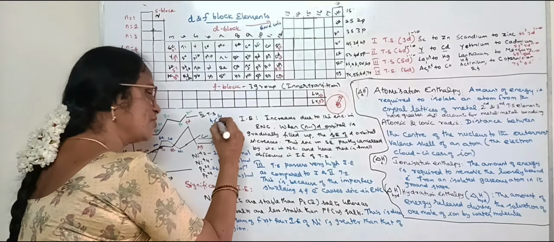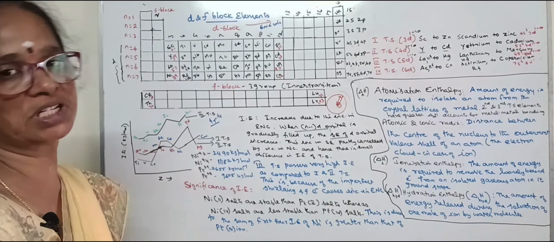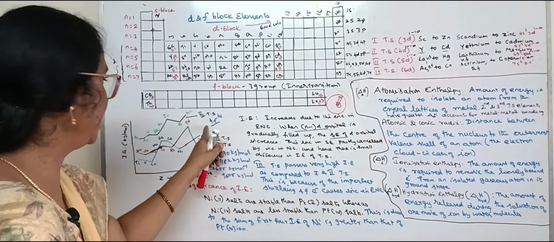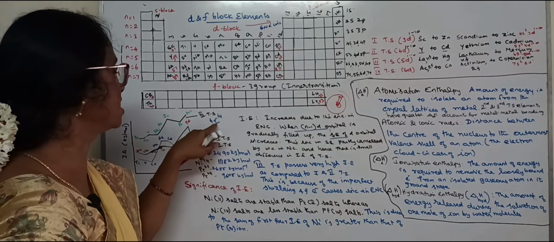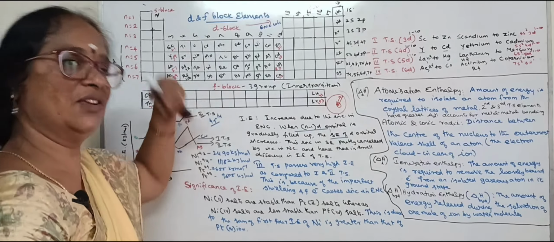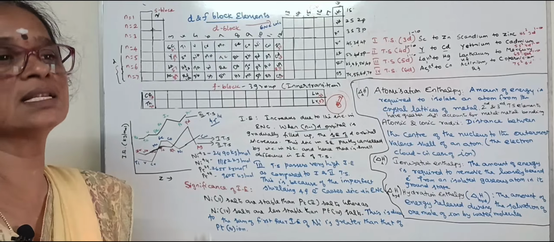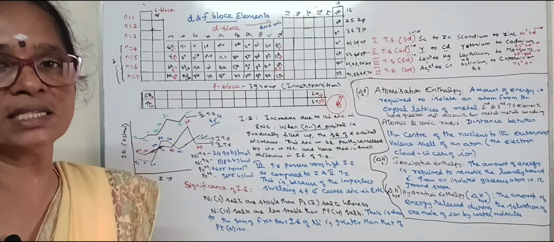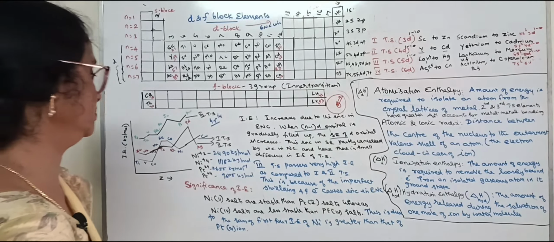And these 4f orbitals have very poor shielding effect compared to the d orbital, and hence because of the imperfect shielding of the 4f orbital, the effective nuclear charge increases, and hence the ionization enthalpy for the third transition series also increases.